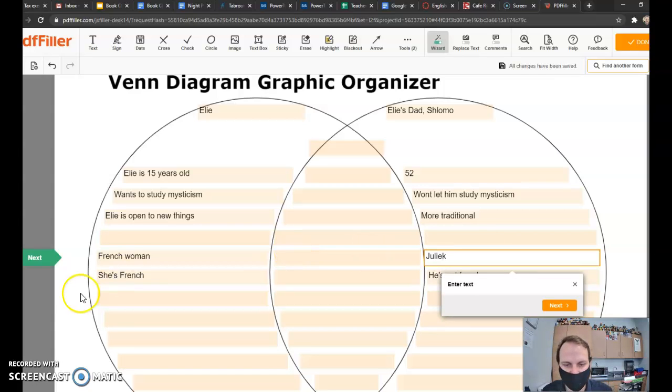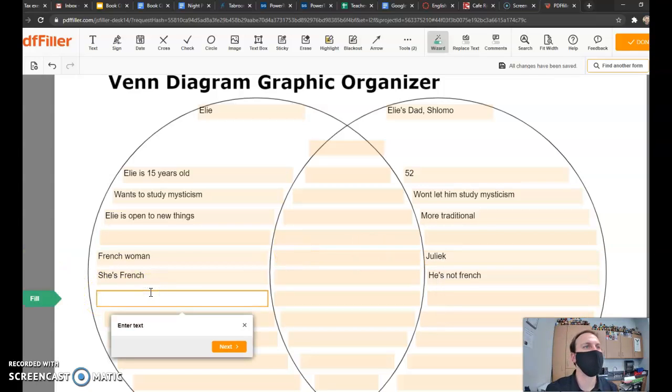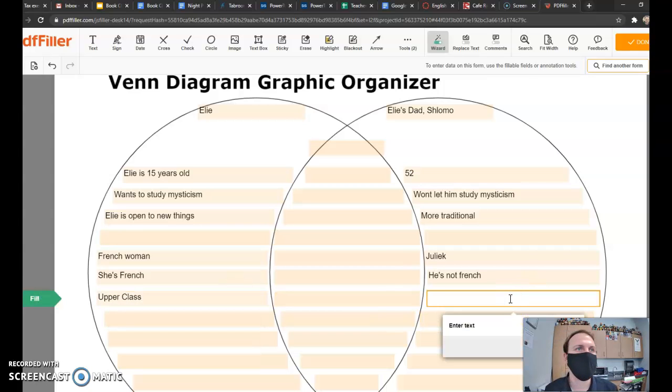Okay, but let's get deeper into it. The French woman, what is her background like? We know that she's on a cruise, that she's throwing money away. What is she? She's upper class. What do we know about Juliet? Do we know that? We know he's poor now, yeah.